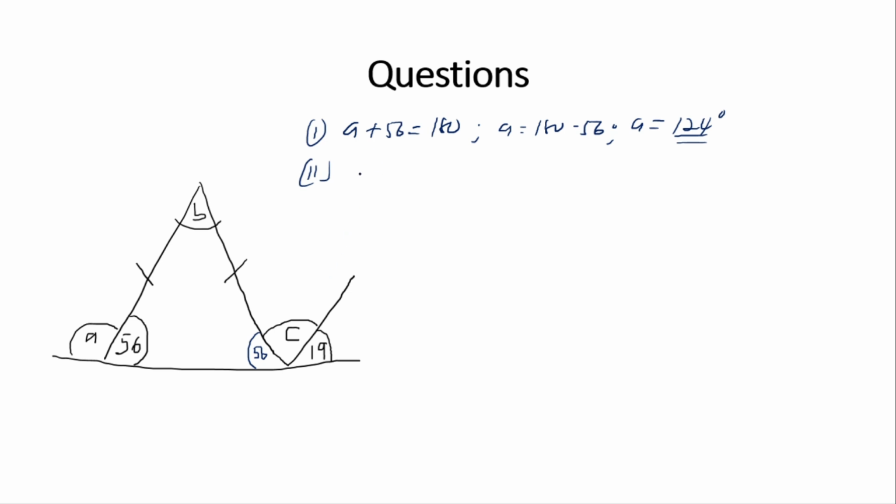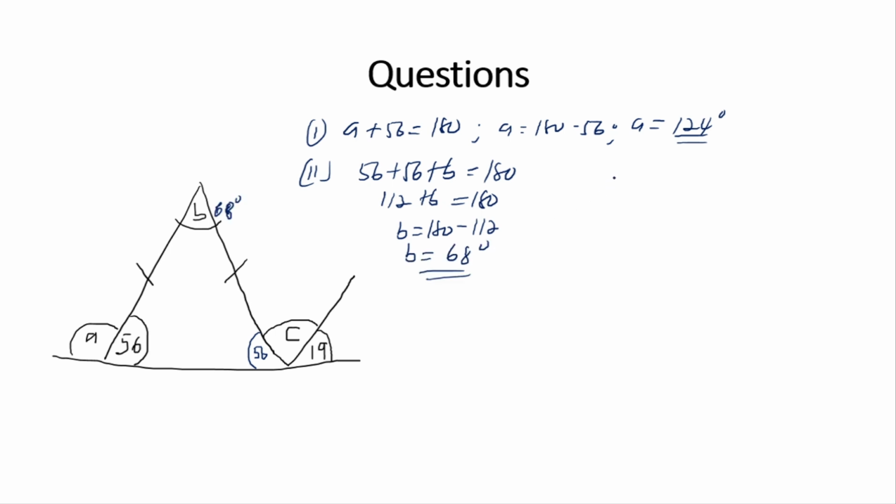And so 56 plus 56 plus B is equal to 180 degrees. When you add 56 plus 56, you get 112 plus B, which is equal to 180 degrees. Now B equals 180 minus 112, and B is equal to 68 degrees.